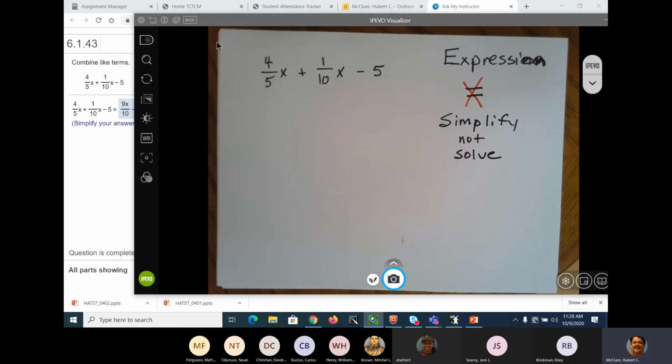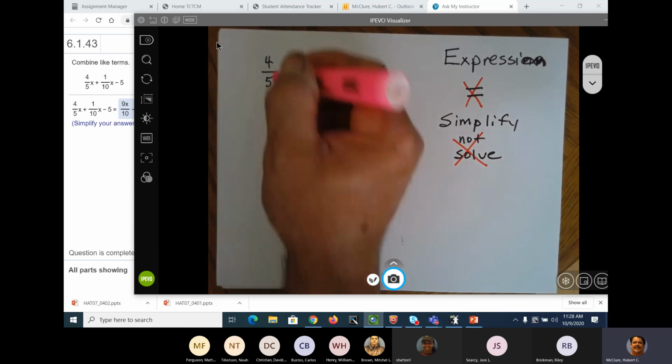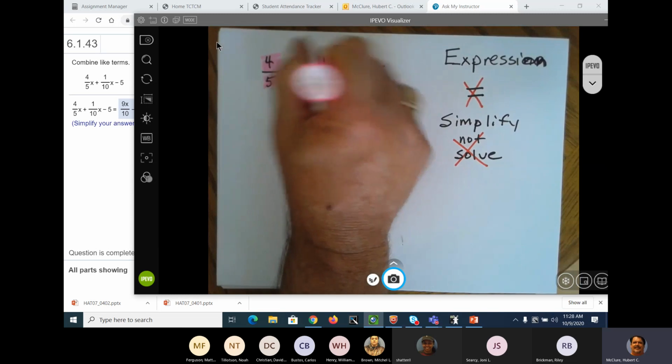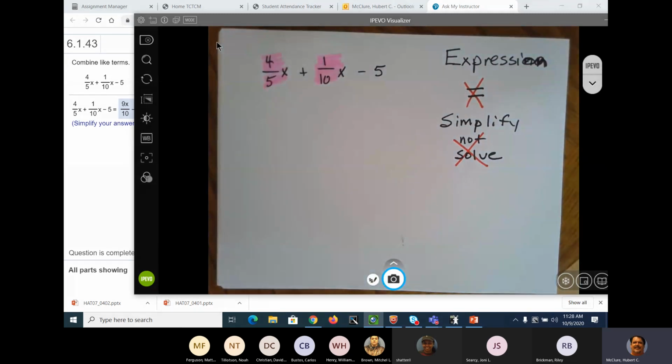So when you don't have an equation, you've got an expression, and the expression means that you need to simplify it. So I've got to get a common denominator because these two right here are like terms because they have an x. These are like terms. So you're going to have to get a common denominator.